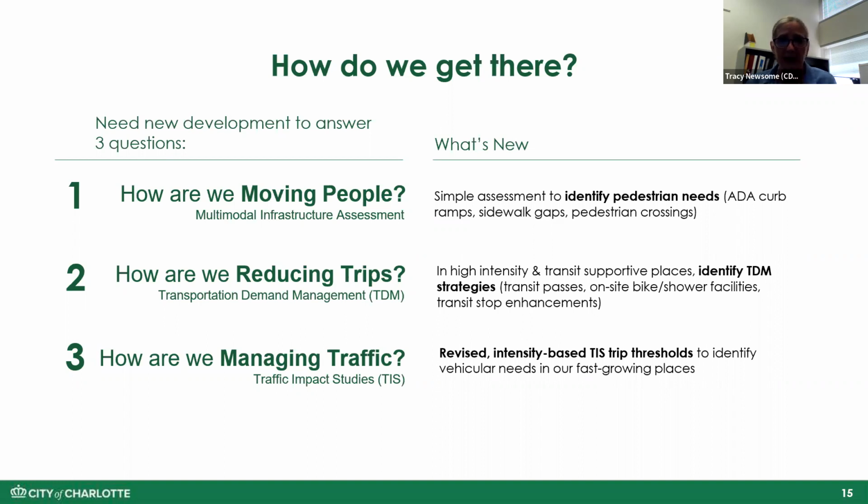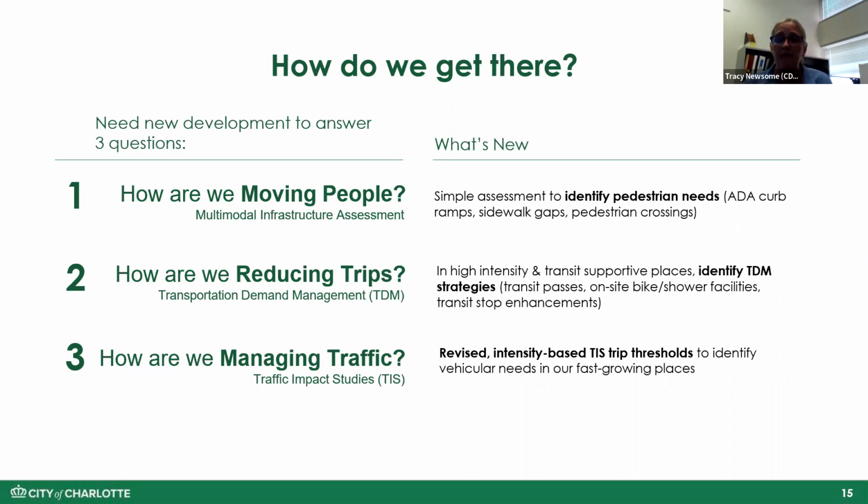And then finally, we know we can't not look at traffic. We've got over 300 square miles of a city with a lot of different contexts. And the whole point of this is to make sure that we're using the appropriate tools to evaluate and to mitigate. And so we still would have a traffic impact study if you trigger that study.